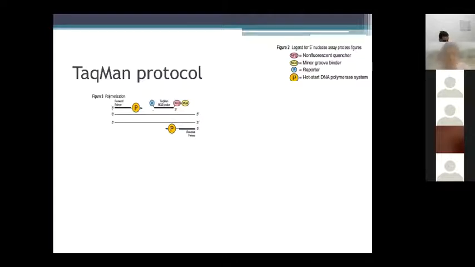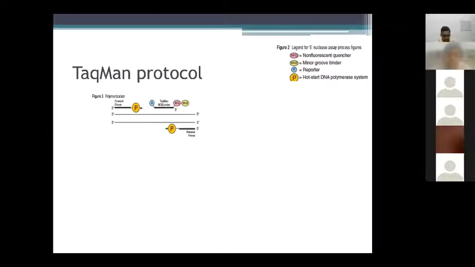Initially, the reporter dye is bound to the quencher, so its emission is absorbed by the quencher. So there is no fluorescence, no fluorescence detection.